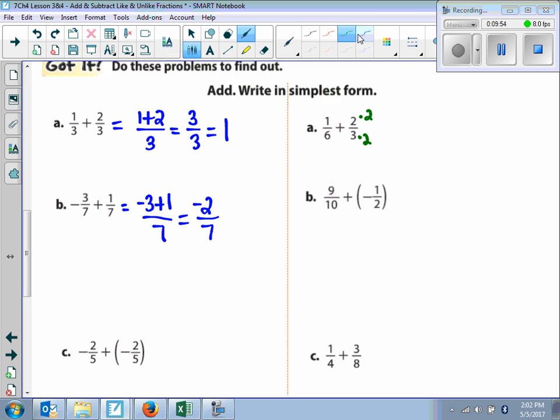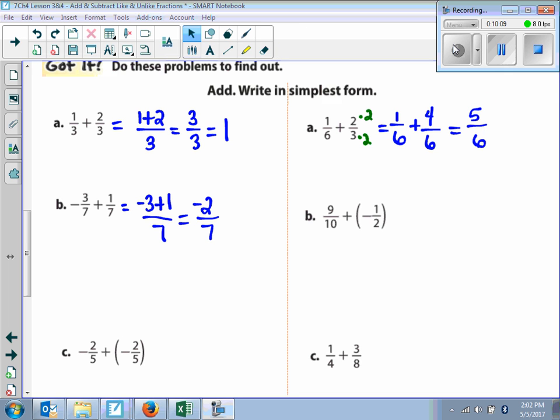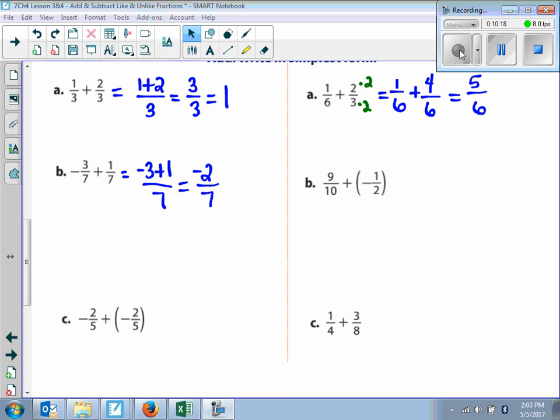Okay? So when we rewrite, we have 1/6 plus 4/6. And when we simplify, we end up with 5/6. So once you get common denominators, then you're going to follow the rules for adding like fractions.